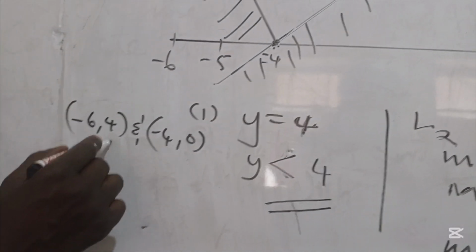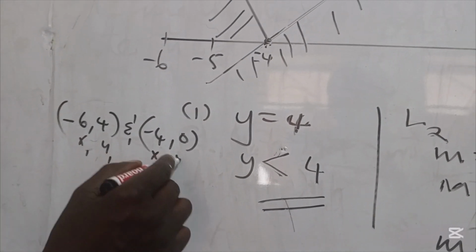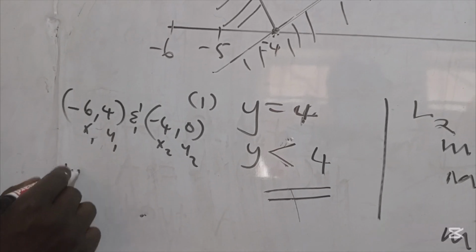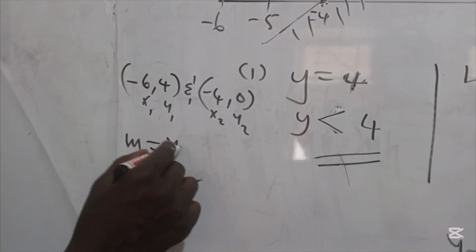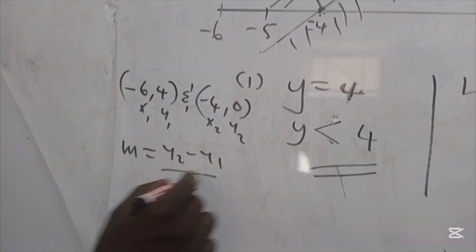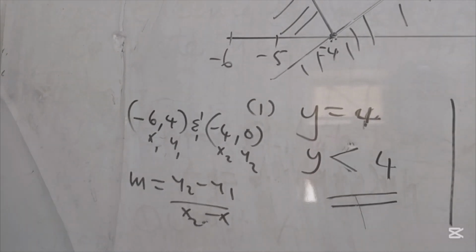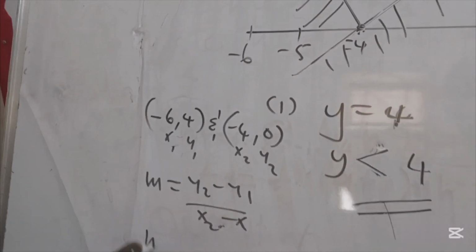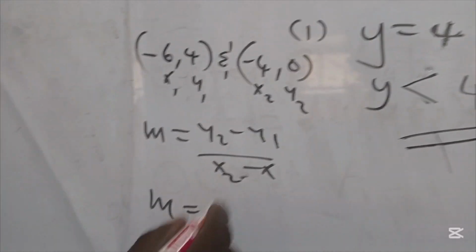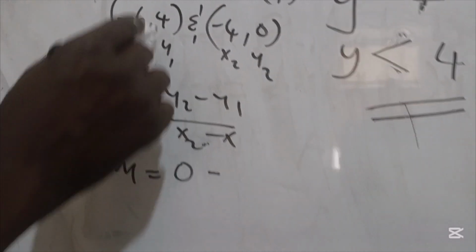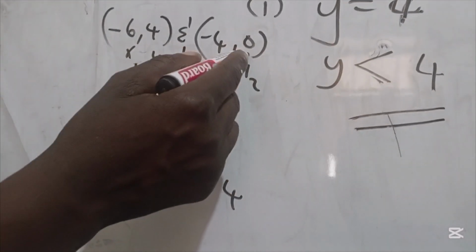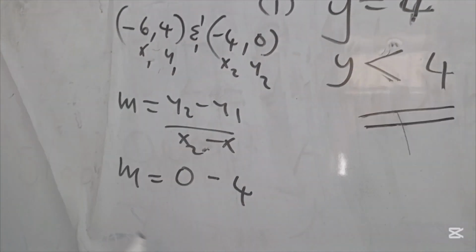This is x1, y1, x2, y2. You come up with the gradient. How do you get the gradient? Please don't forget this. So what is my y2? It is 0 minus 4. You agree that y2 is 0 and y1 is 4.